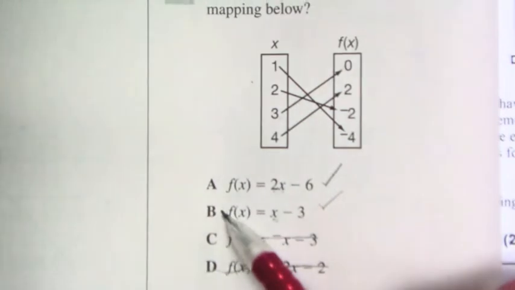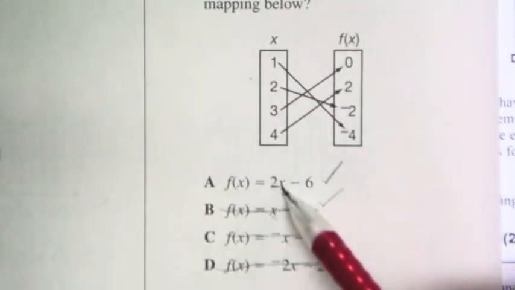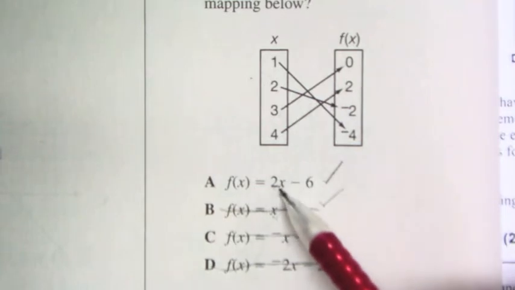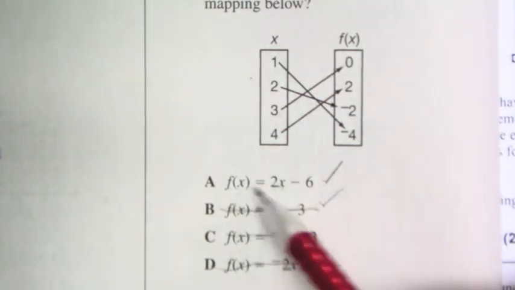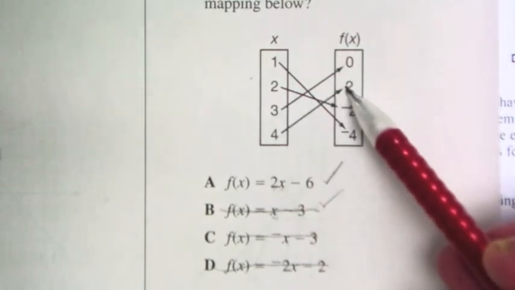So it appears that this is not the answer. So let's put a 4 in right there. 2 times 4 is 8, and 8 take away 6 is 2. Therefore, if I put in a 4, I should get a 2 for f of x, and that's what this says right here.